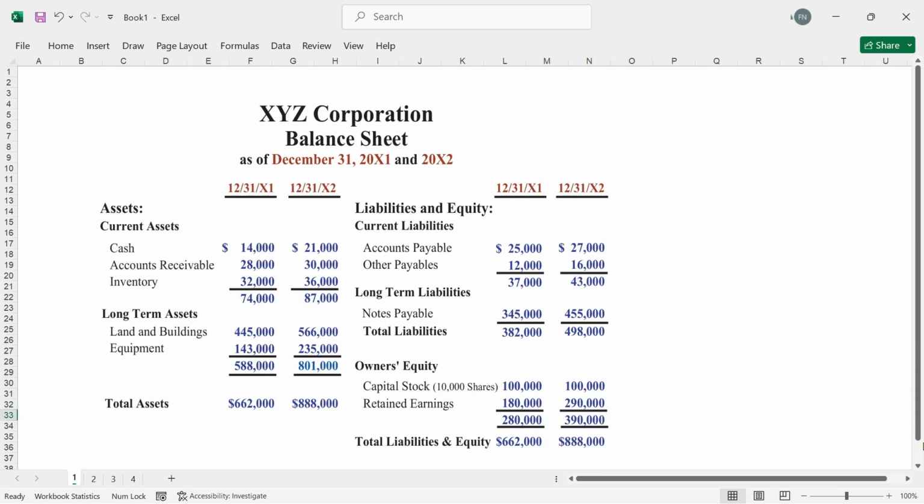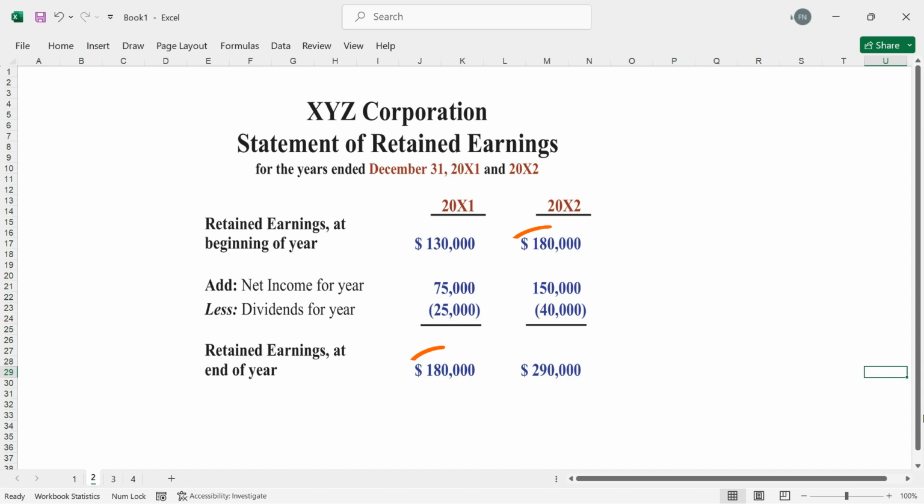The ending balance in retained earnings at December 31st, X1, is $180,000 on the balance sheet. But that balance at the close of business on December 31st, 20X1, is the balance that we have then as we start the very next day, January 1st, 20X2. So it really is the ending balance of X1, but then the beginning balance for X2.